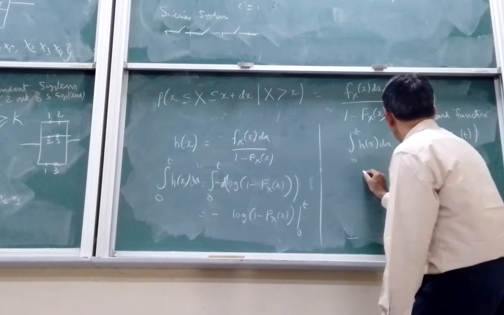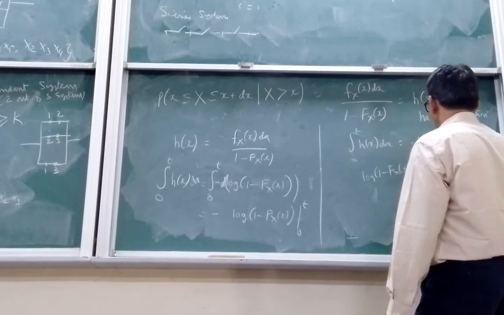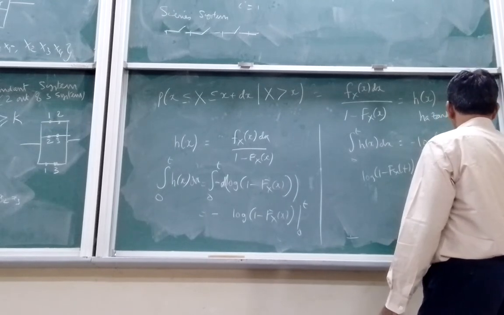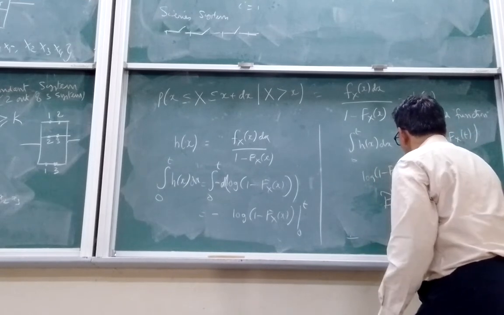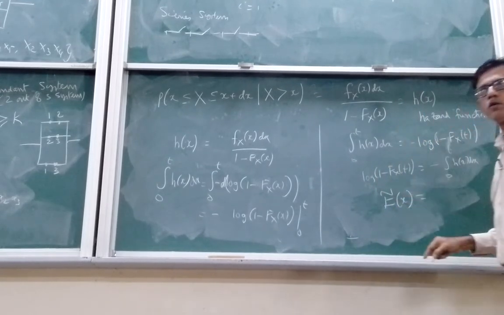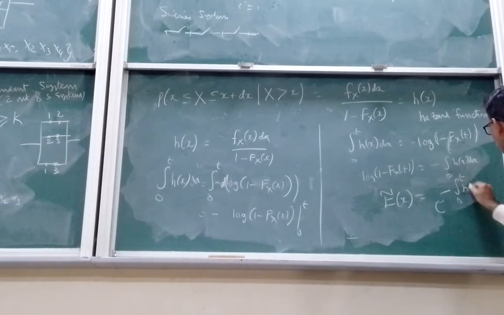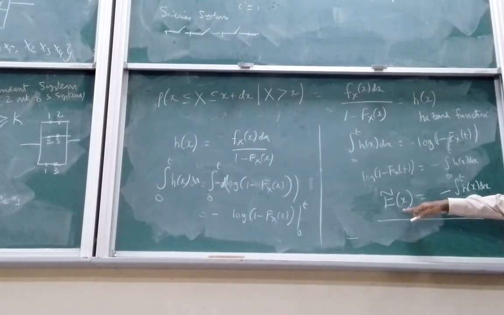So I can write it as the complementary distribution, usually written as Fc, equal to e to the power of minus the integral from 0 to t of h of x dx. So this hazard function is related to the complementary CDF using this formula.